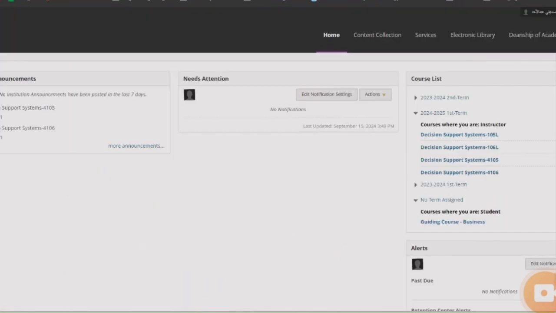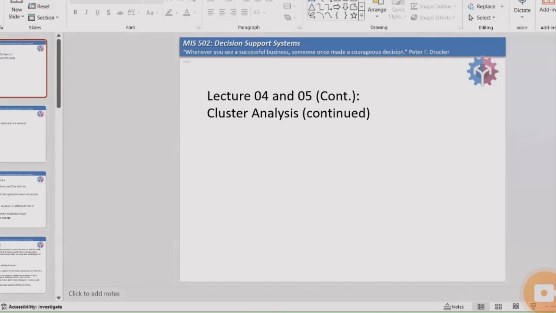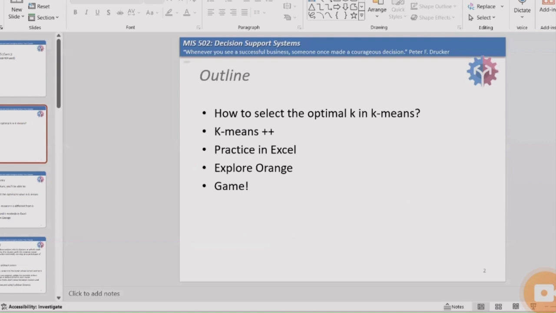Let me go back to this lecture again. We just have a few more things to cover. Last time I kept telling you, I'm giving you K, or you can plot and judge what is the right K. But now I'm going to tell you how to select optimal K in K-means. There's actually a method behind it.